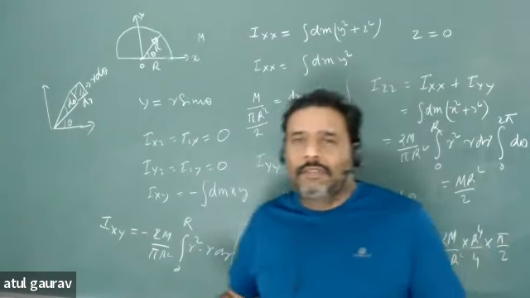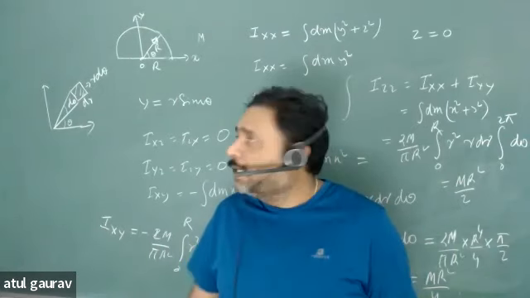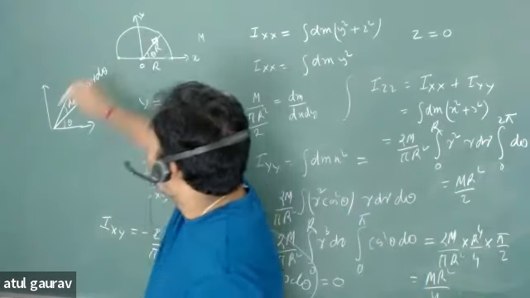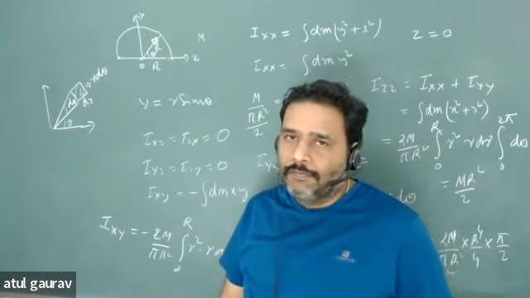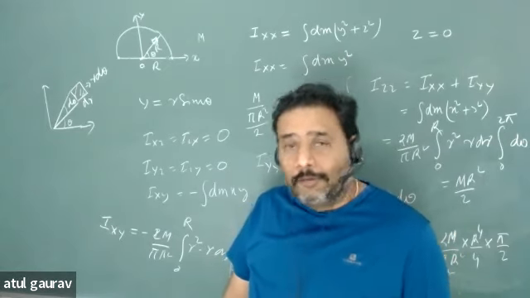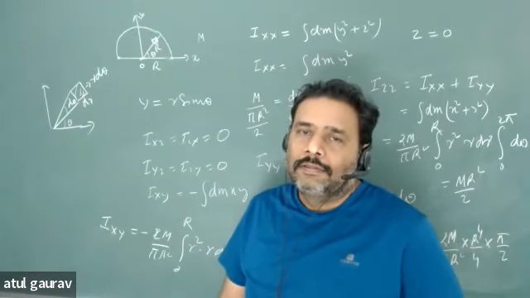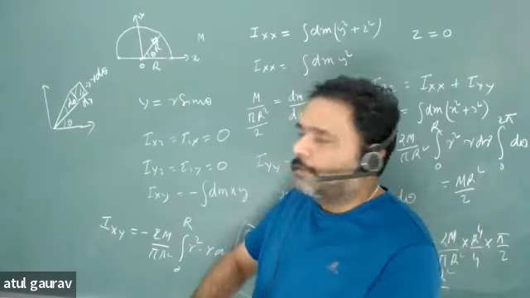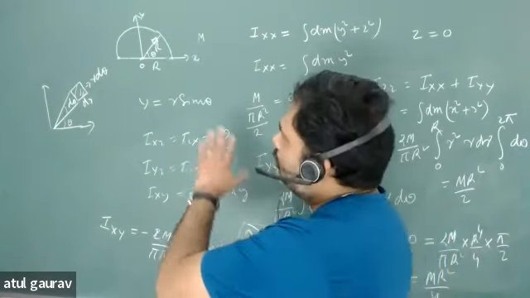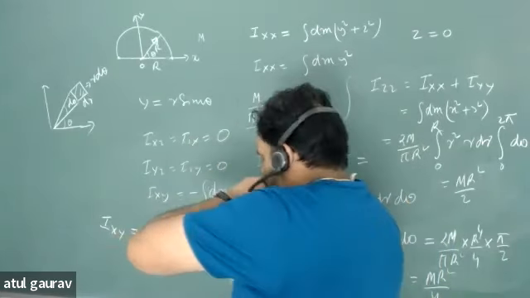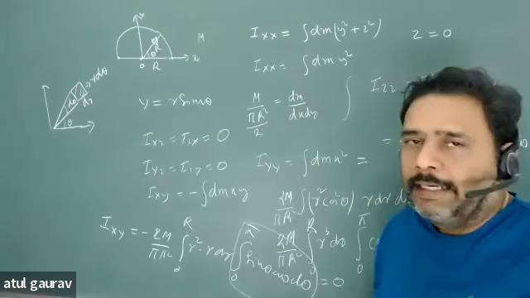If it is not possible, then obviously you have to do all the calculation. But suppose I take the origin here, is that possible? Will it be a diagonal matrix? No, sir, it will not be a diagonal matrix, and you have to calculate each and everything in a very different way. So you are lucky that your distribution of mass is symmetric about the origin. Clear?